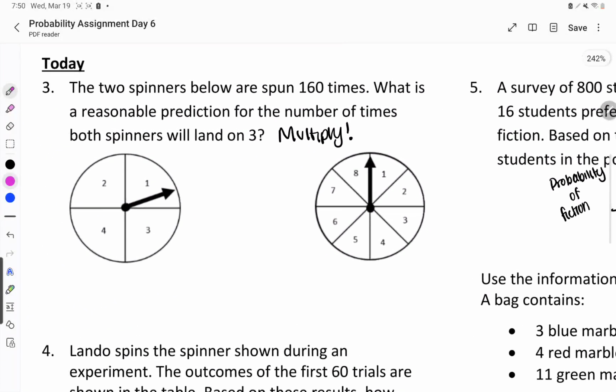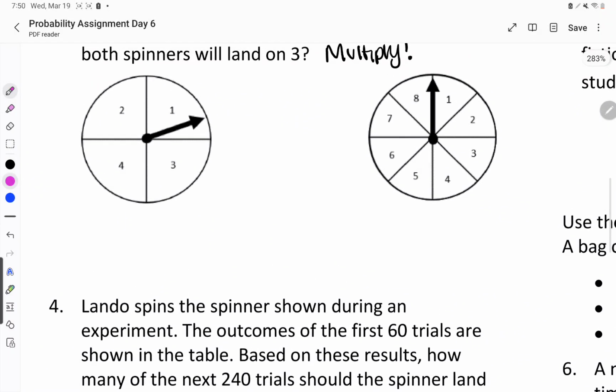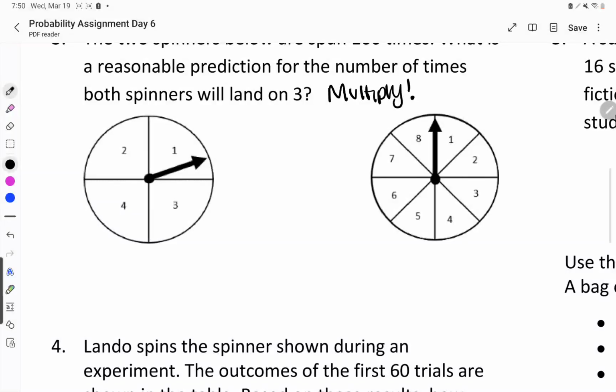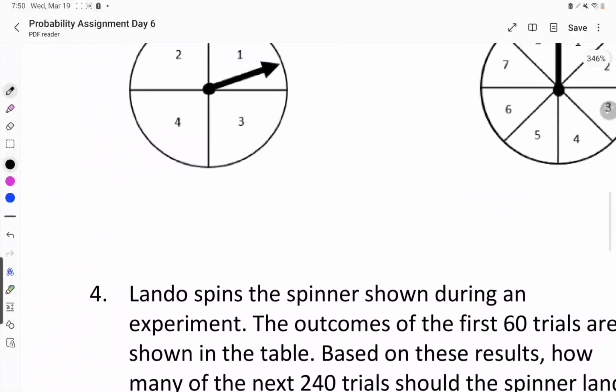All right, this one says the two spinners are spun 160 times. What is a reasonable prediction for the number of times both spinners will land on a 3? So the first thing I'm going to do is figure out what my probability is overall. Because I'm performing two actions, to figure out that compound probability, I have to multiply them.